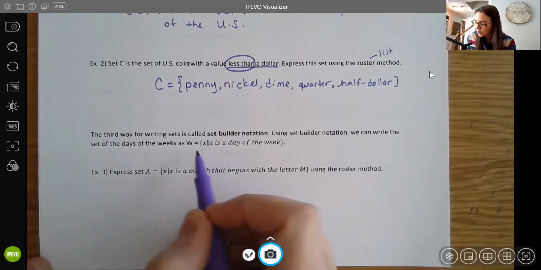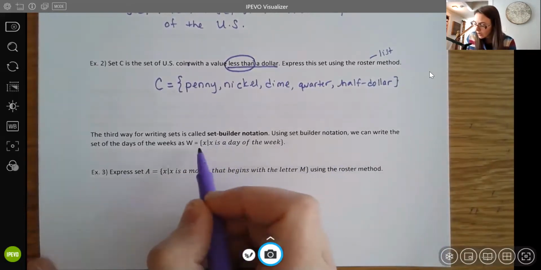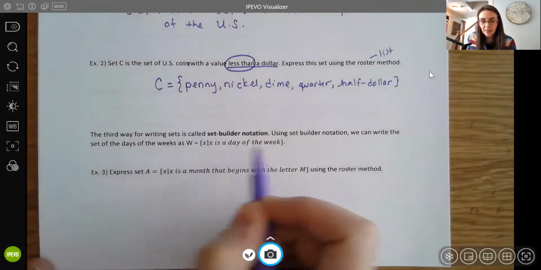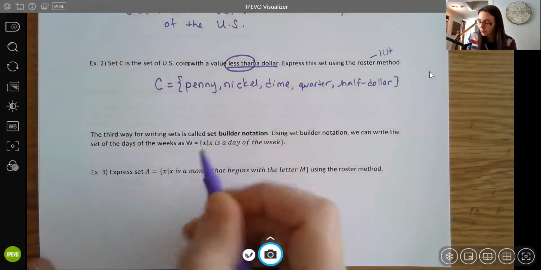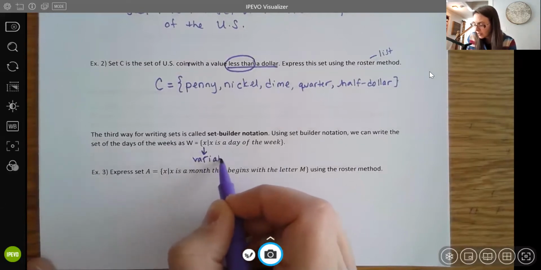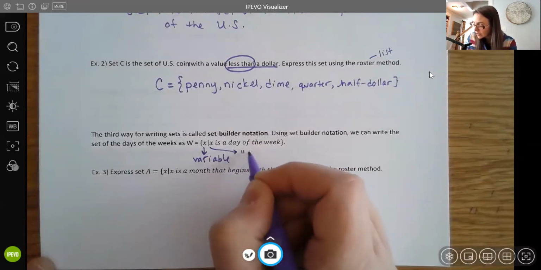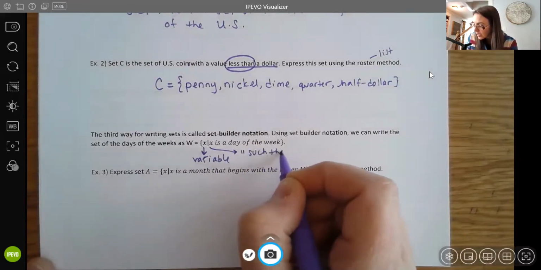So set builder notation looks like this, okay? You do have those squiggly braces on either end, and then it typically always starts with a variable. Usually we use x, but it doesn't have to be. It could be a different variable. And then this vertical line means "such that."